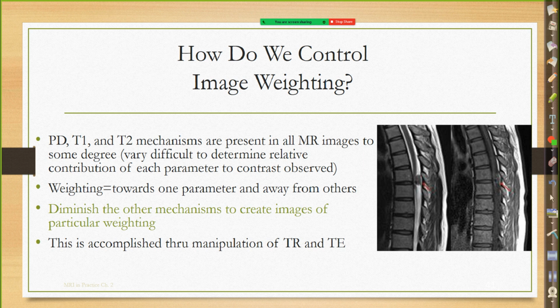When we steer clear of certain parameters, we diminish other mechanisms to create images of a particular weighting. For T1, T2, and proton density, this is accomplished through manipulation of just 2 extrinsic parameters: repetition time and echo time.